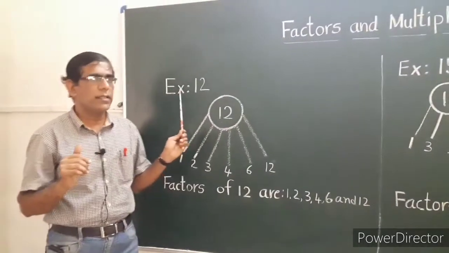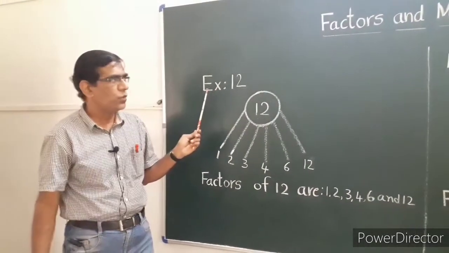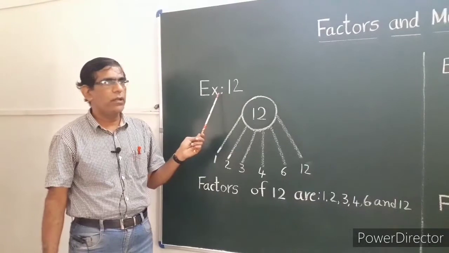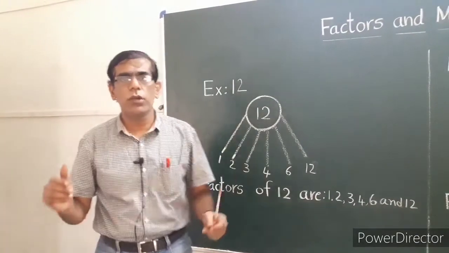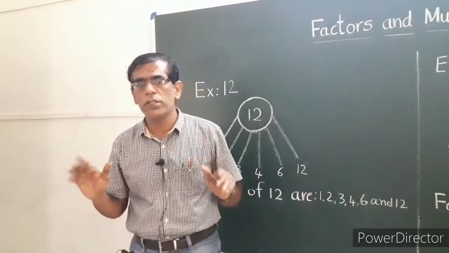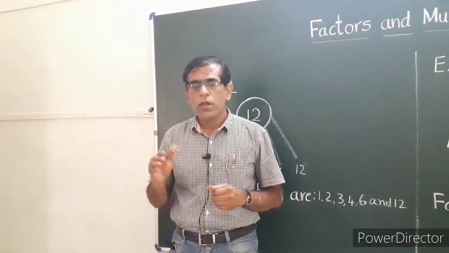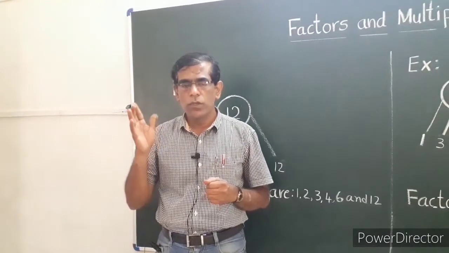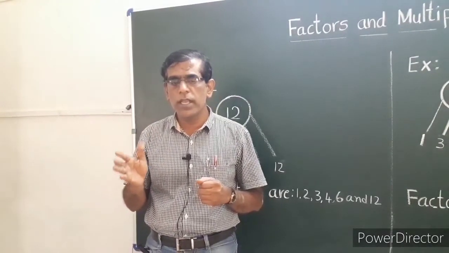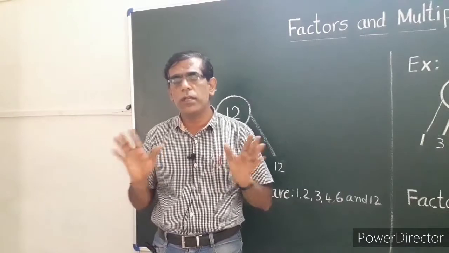Let us discuss with an example. Here is the first example, the number 12. I have 12 chocolates. I distribute these chocolates equally among 12 children.